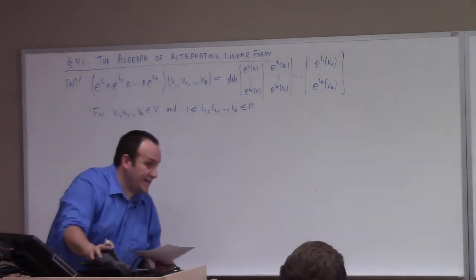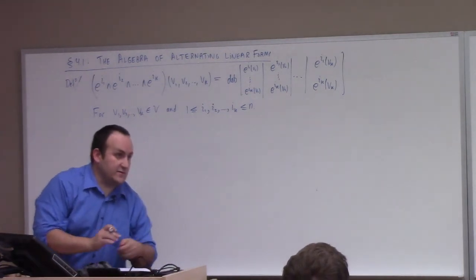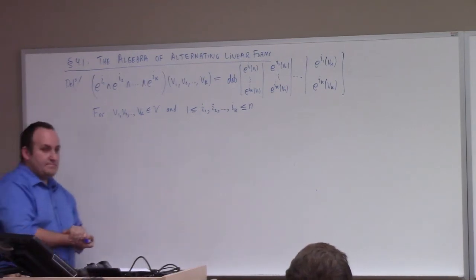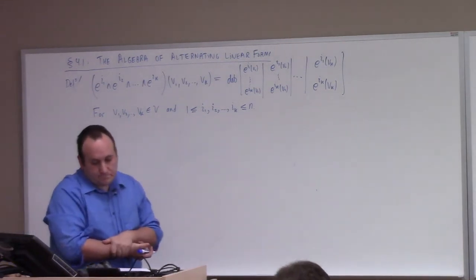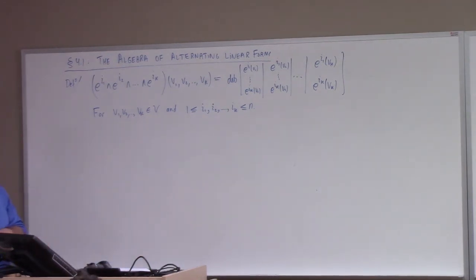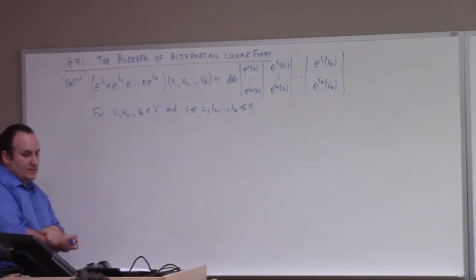I'm not saying that they have to be distinct or strictly increasing. We define the wedge product of dual vectors for any assortment of them, like so. So this gives us a definition of the wedge product of the dual basis, your basic one forms.